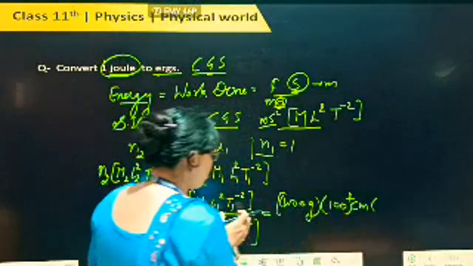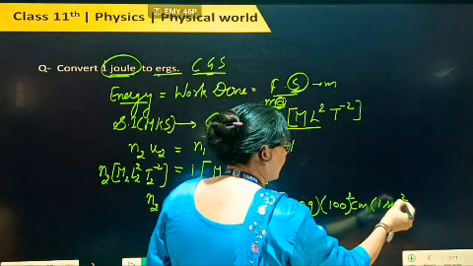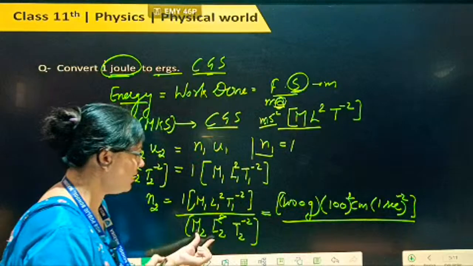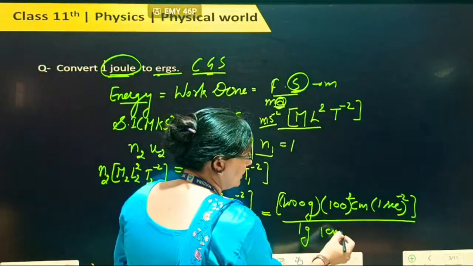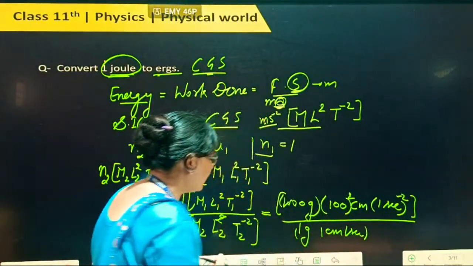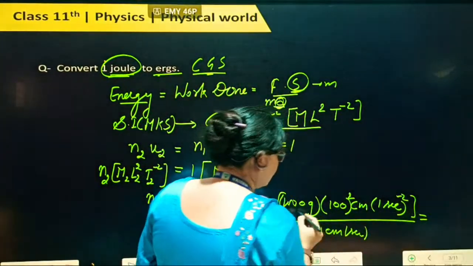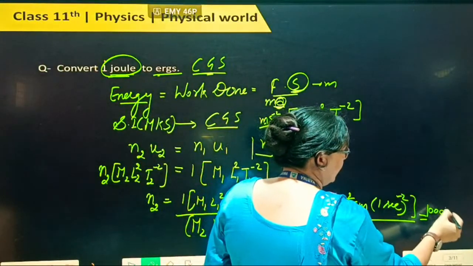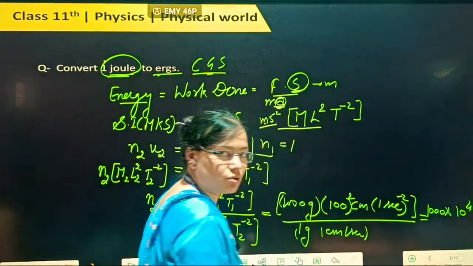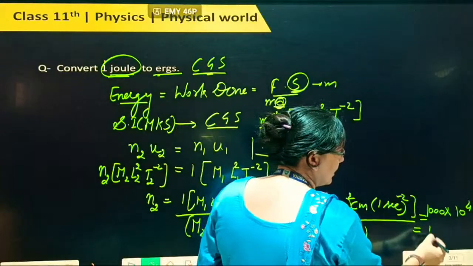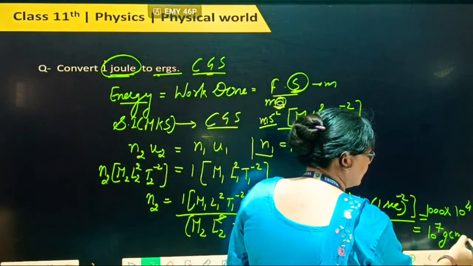Time is given in second, so we keep second only, and it is also squared. Here 1 gram, 1 centimeter, 1 second. Clear to everyone? Now we will solve it: 1000 into the square of 100, that gives 10 to the power 4. When we solve this, it becomes 10 to the power 7, in gram centimeter square per second square, that is erg.